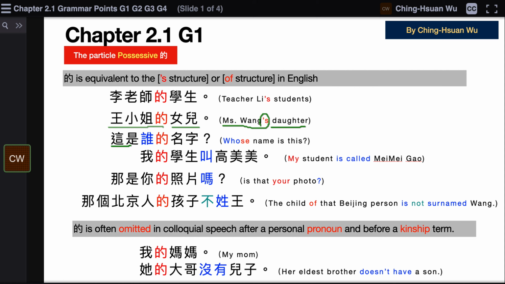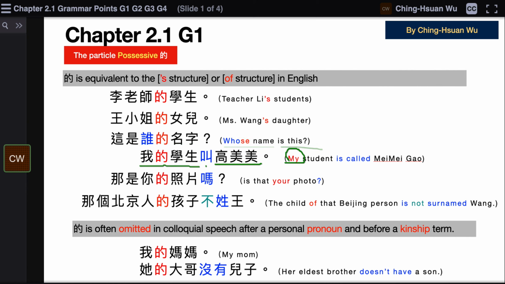这是谁的名字? Whose name is this? Next, 我的学生叫高美美.